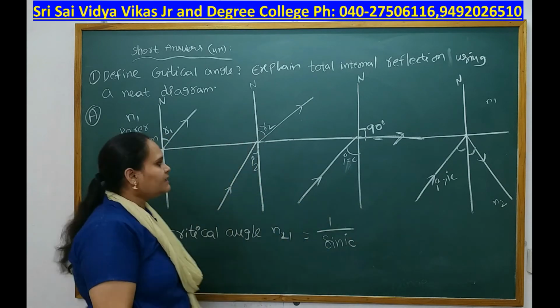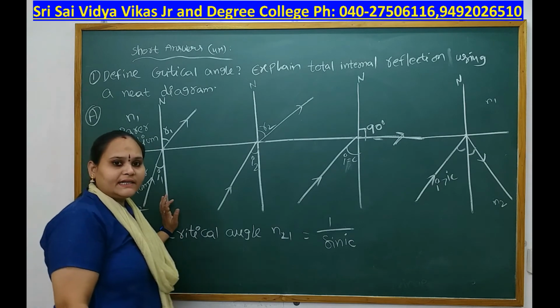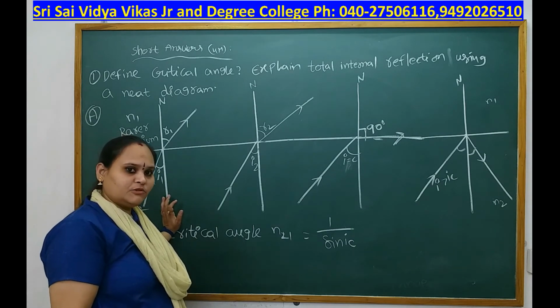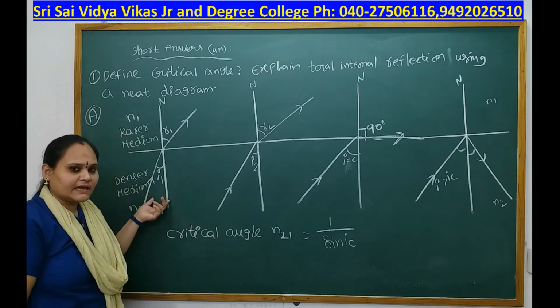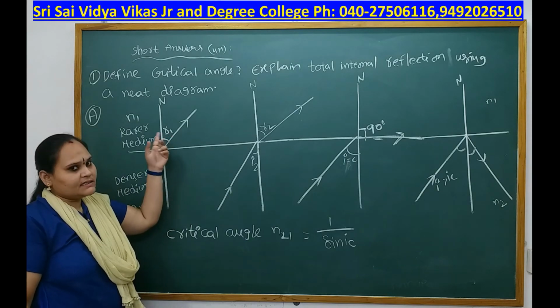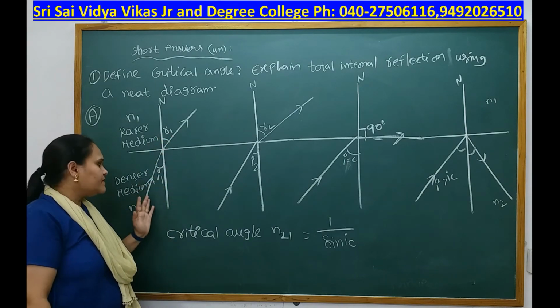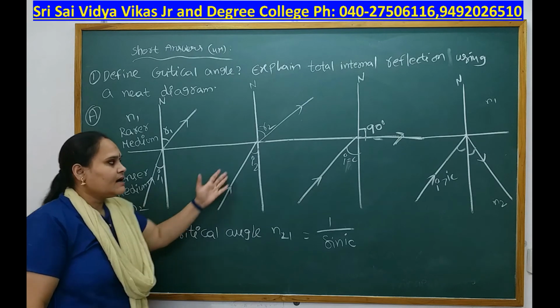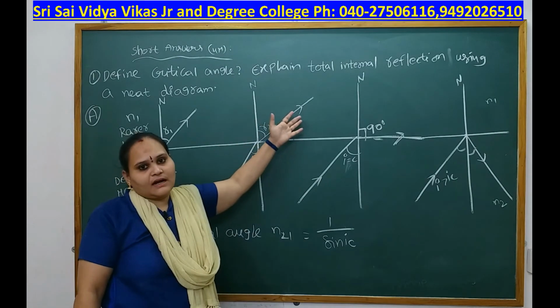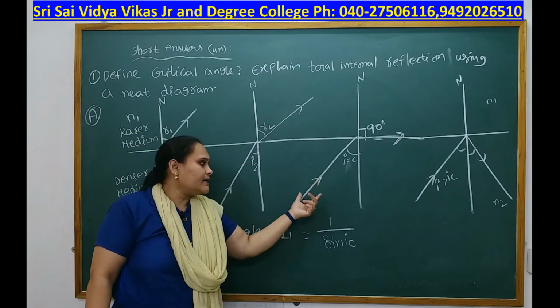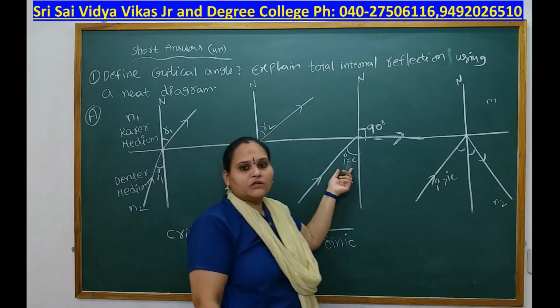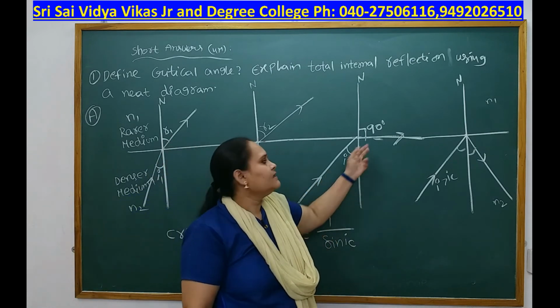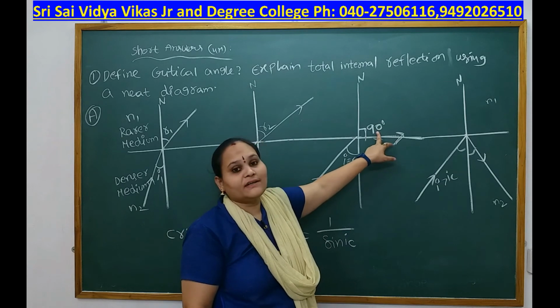Let me repeat it. When the light ray passes from a denser medium to a rarer medium, the incident angle is I1 and the refracted angle is R1. When we increase the incident angle, R2 also increases, and when the incident angle equals the critical angle, the refracted angle equals 90 degrees.